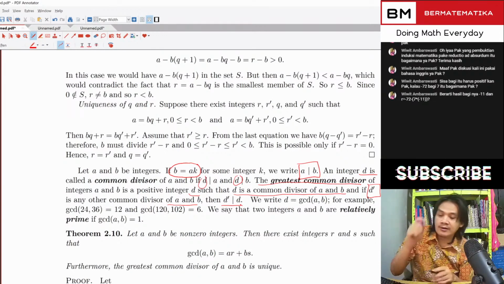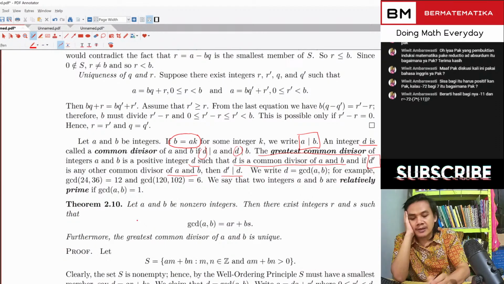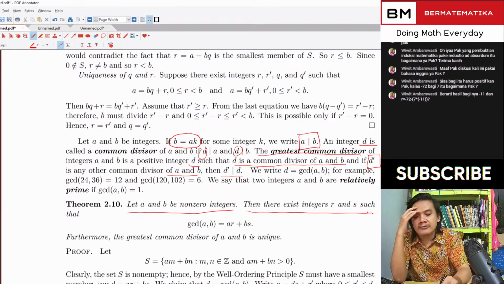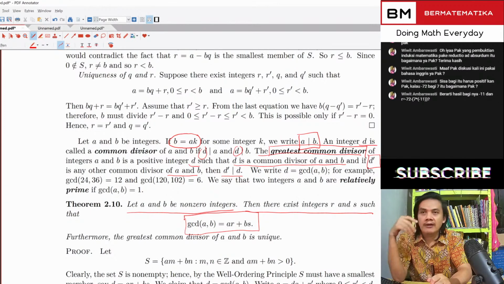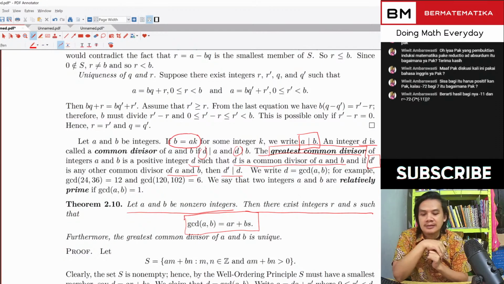Now this is an interesting theorem. If we have two non-zero integers A and B, the claim is that there exist integers R and S such that the GCD, which is the abbreviation of greatest common divisor, which we defined above, can be written as some kind of linear combination of A and B, right?